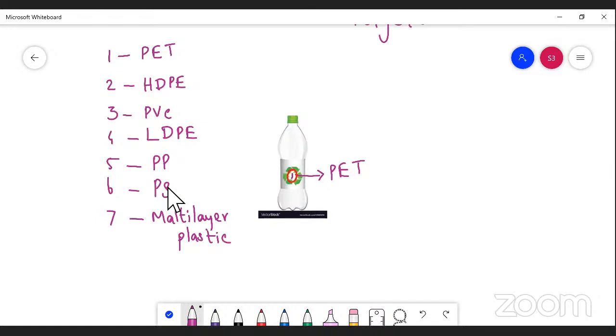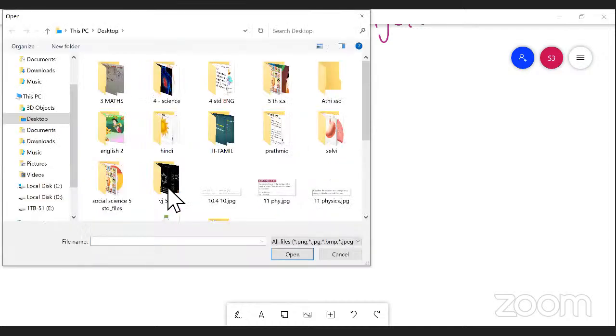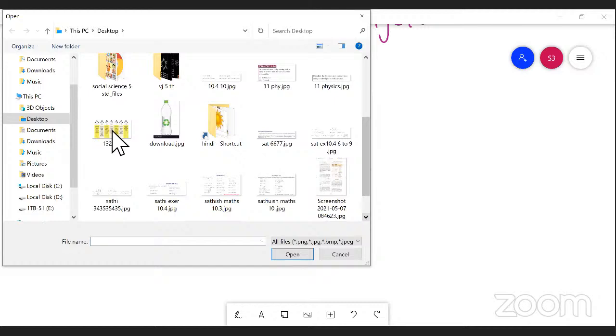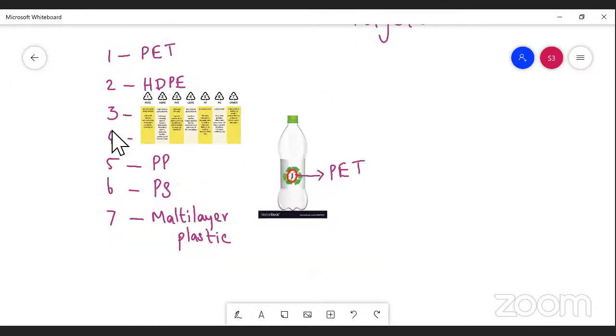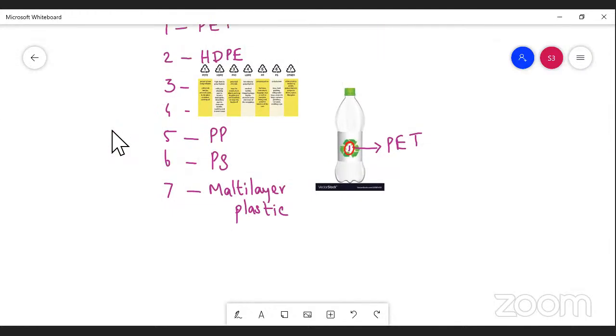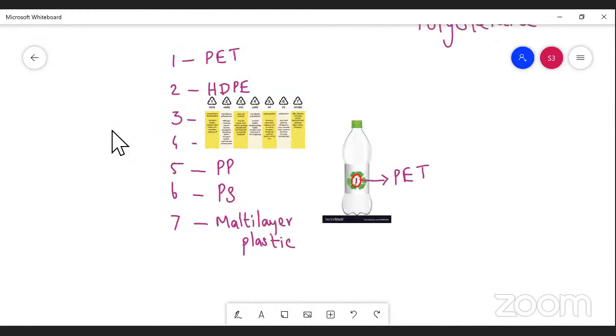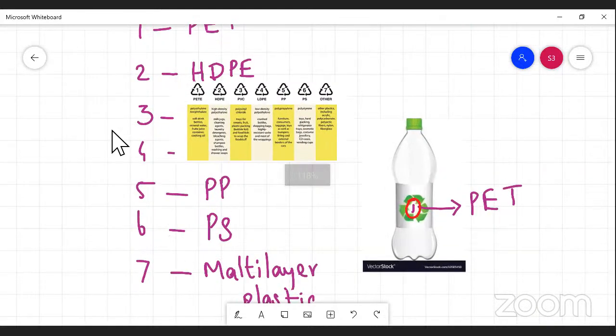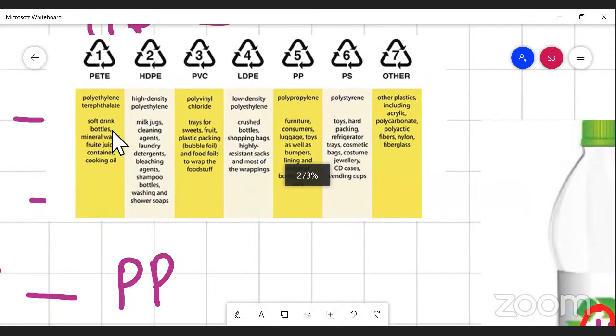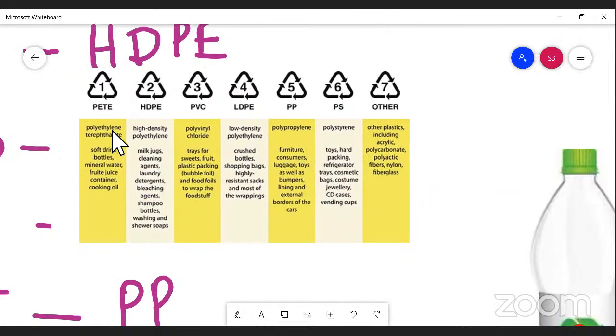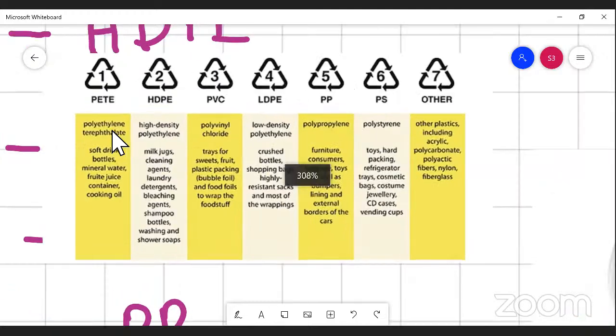Okay. Listen, now we are taking the uses of these plastics. Suppose it is 1, what is the use?